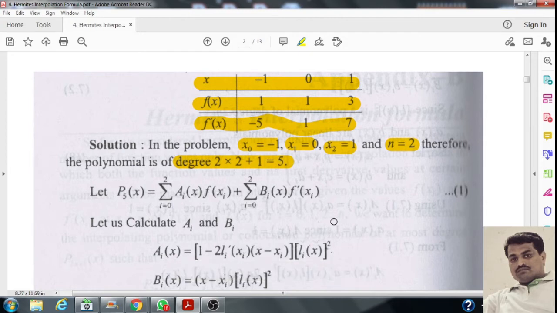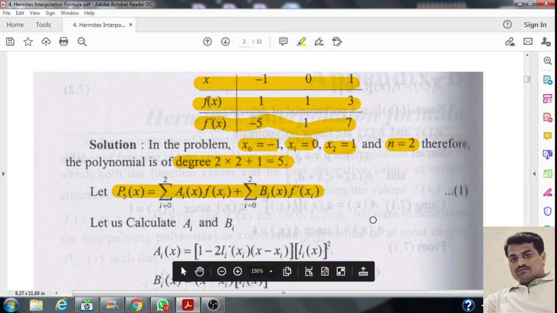In the given problem, it is not mentioned to use Hermite interpolation formula, but by the third row we can identify that we should use Hermite interpolation formula and find the polynomial which satisfies f(x) as well as f'(x). Using the standard formula, the Hermite interpolating polynomial for the given data is represented by equation number 1.